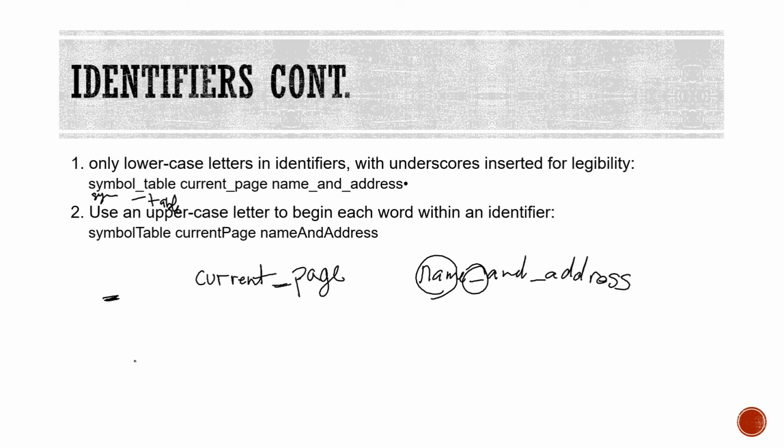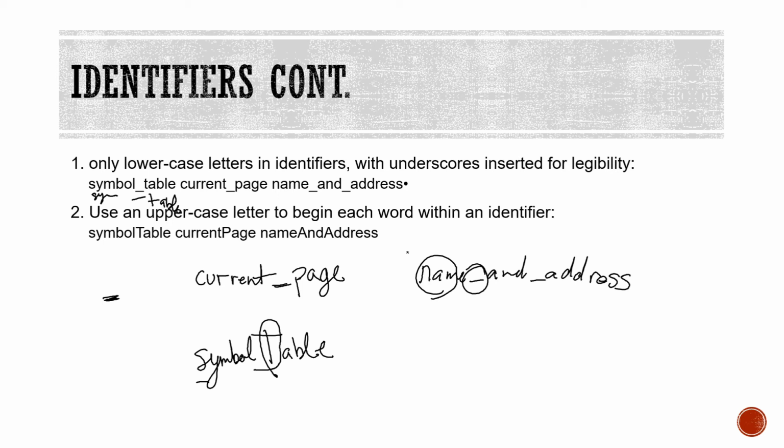There's also something kind of like camel casing. You have the name, but instead of having an underscore, the first letter of every subsequent new word is uppercase. Nothing is uppercase except the first letter of the new word.